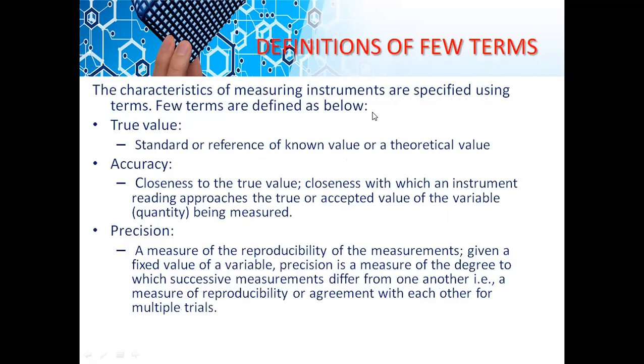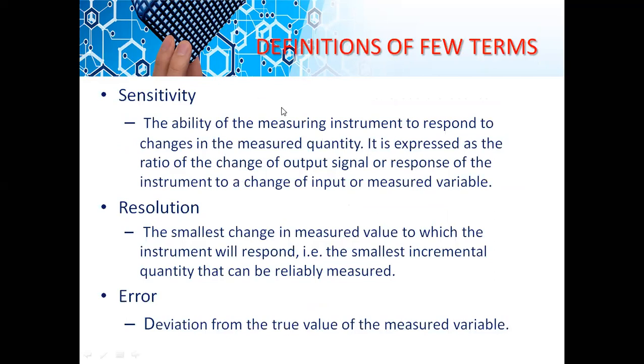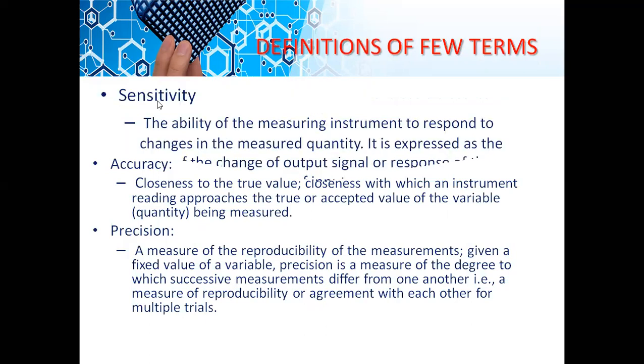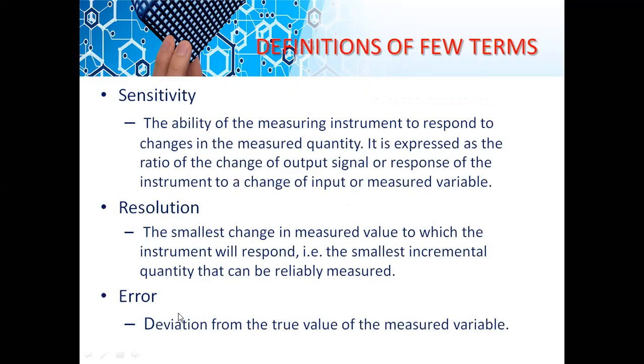And we have seen few terms which are used to specify the characteristics of measuring instruments. Those are true value, accuracy, precision, sensitivity, resolution, and error.